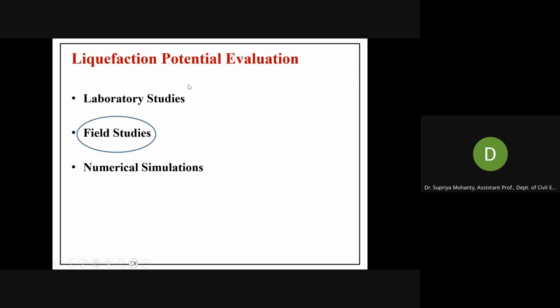Then coming to liquefaction potential evaluation, there are different methods available based on lab study, field study, and numerical simulation. So based on the availability of facility, we can go for the appropriate methods.